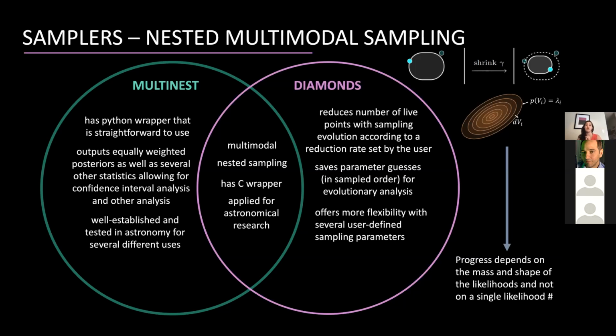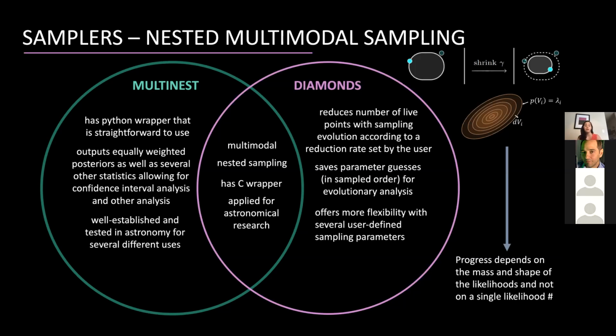DIAMONDS was actually designed for asteroseismology and for oscillating problems. So it was designed for a very specific case, but then generalized to be used as a sampler. And DIAMONDS does something that I think is very cool and innovative. It reduces the number of live points with sampling evolution according to a reduction rate set by the user.